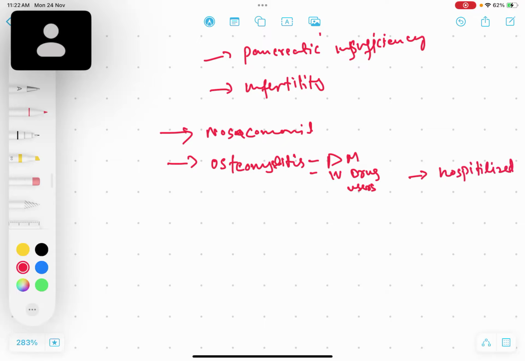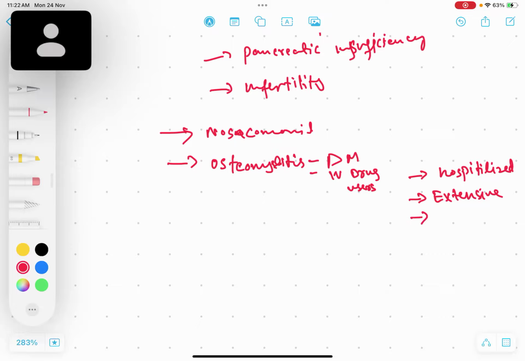Okay. For example, extensive burn. It can directly go to the blood, since there is no skin barrier, okay, and no host defenses.